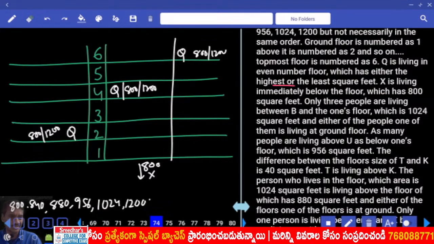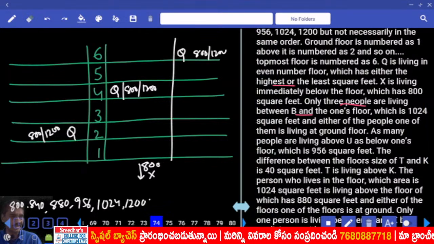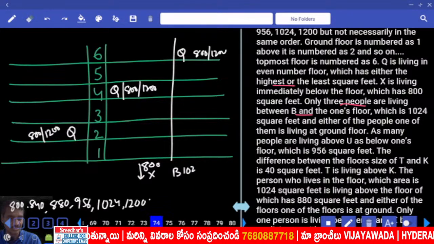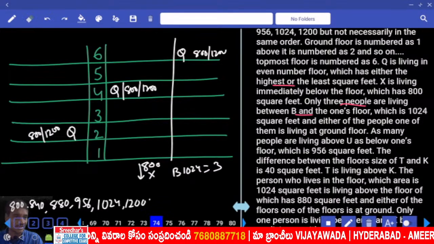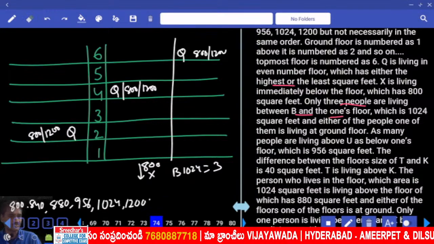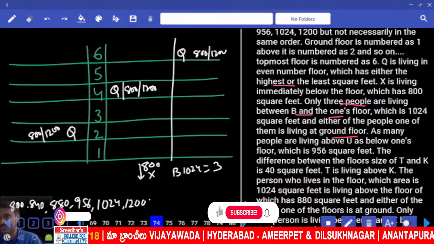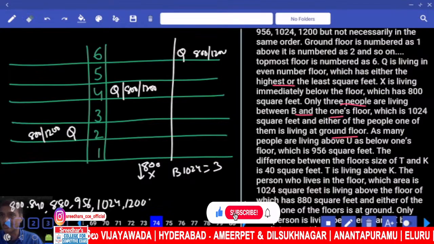Only 3 people live between B and the floor which is 1024. Now between B and 1024 there are exactly 3 people. And either B or 1024 is living on the ground floor. Clear? Either B or 1024 is at the ground floor.